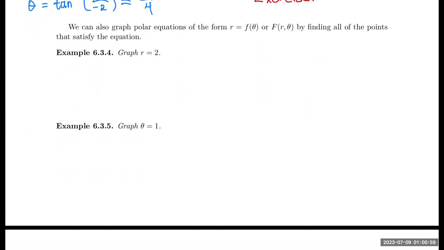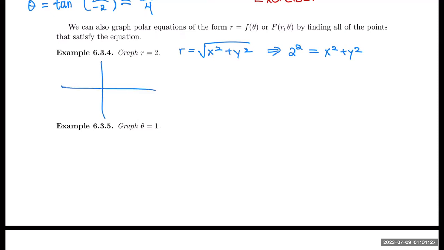Remembering that r is equal to the square root of x squared plus y squared, if we transform this, r is equal to 2 becomes 2 squared equals x squared plus y squared. Now this equation should look familiar because it's just the equation of a circle of radius 2. So on a graph, it'll look something like this.